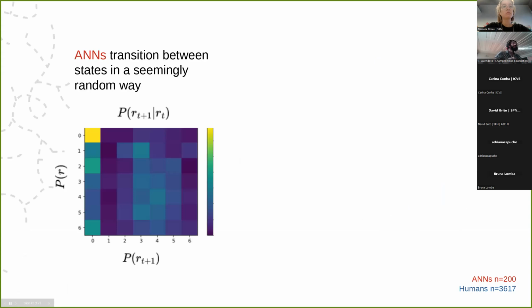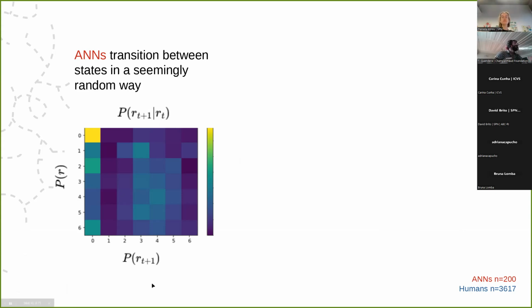Now, when we look at this similar type of approach, but across time, we can see the probabilities of getting a reward of value X given the reward that you had in the previous time step. So if I just got a reward of 1, what is the likelihood of me getting a reward of 1 in the next time step, for example?